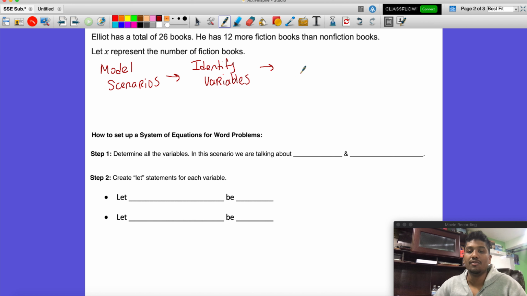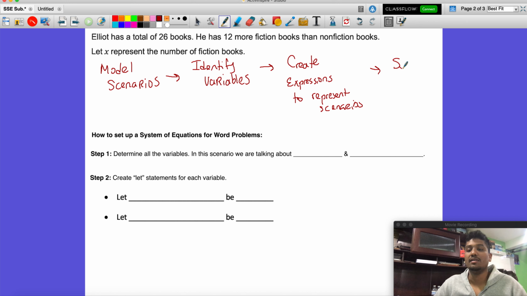Then once you have the variables, we'll create expressions to represent the scenario. Now that we have things that we can use to create expressions, we can finally solve, right? We're going to solve for the variables. So we'll do each one step by step.